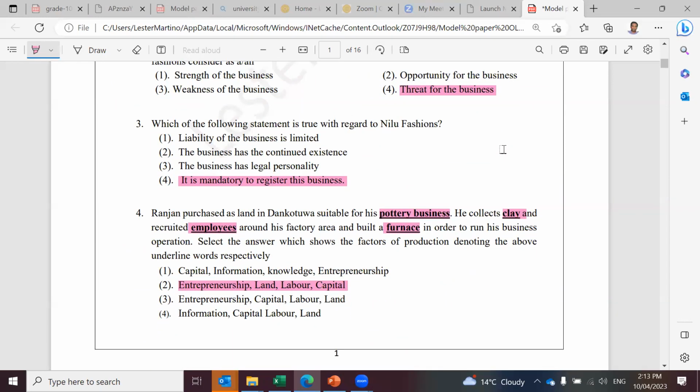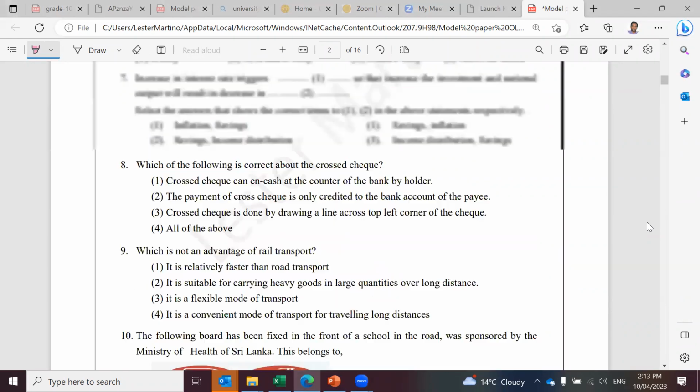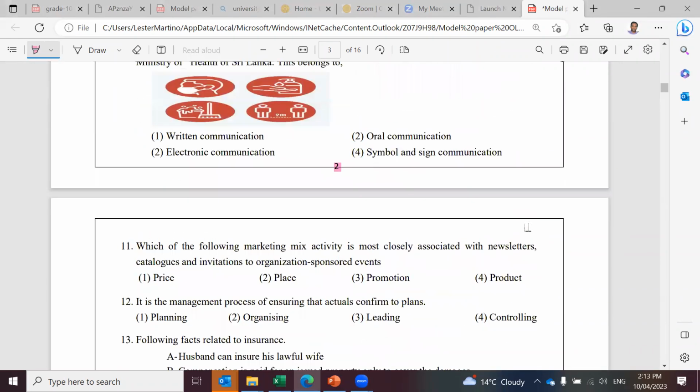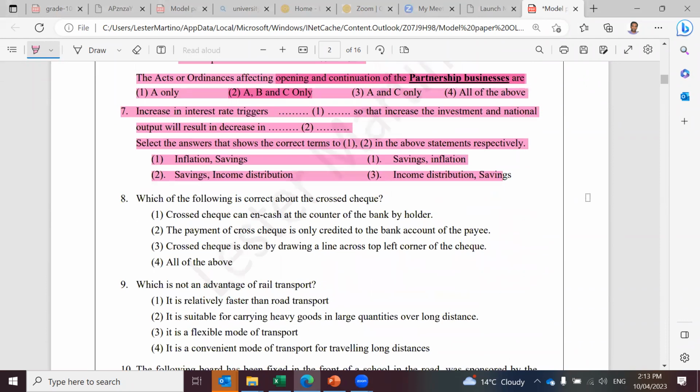Sorry. What is the answer for question number 7?